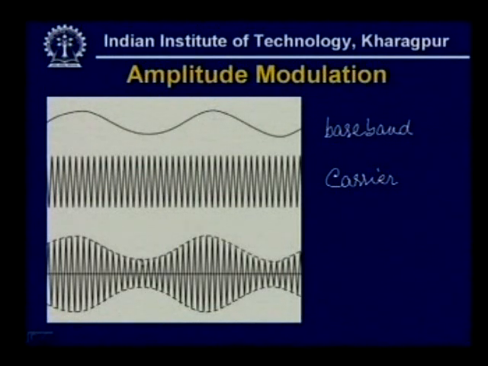That means here the amplitude is maximum, and here it is minimum. So we get a carrier frequency with time varying amplitude. This is known as the modulated signal. So here you get the modulated signal, and this is how it is done, we shall discuss.